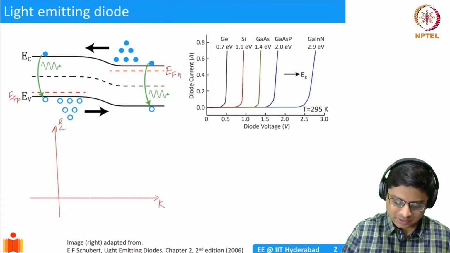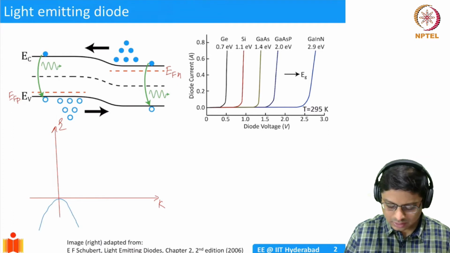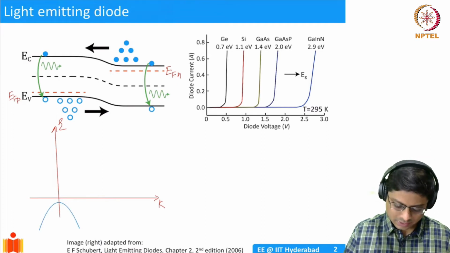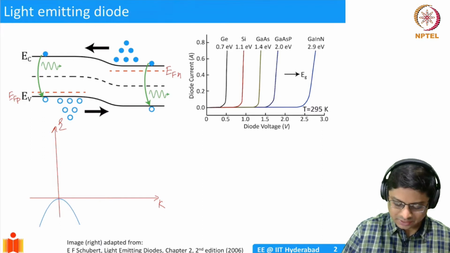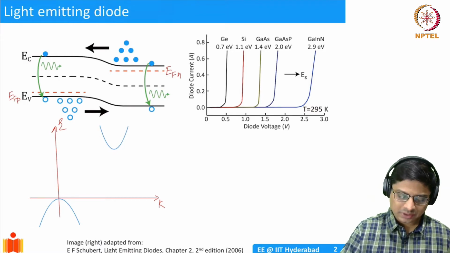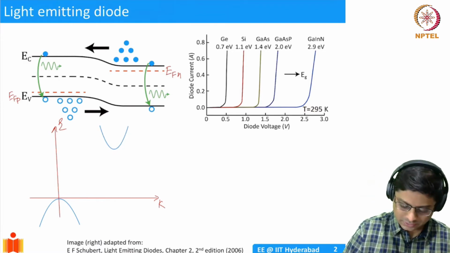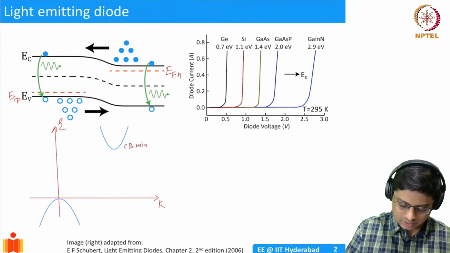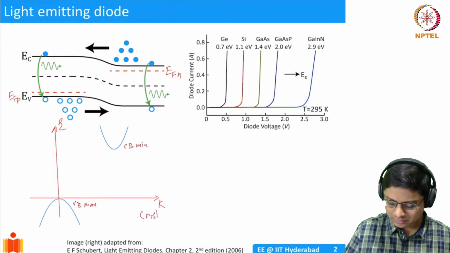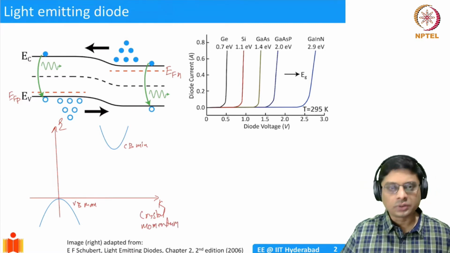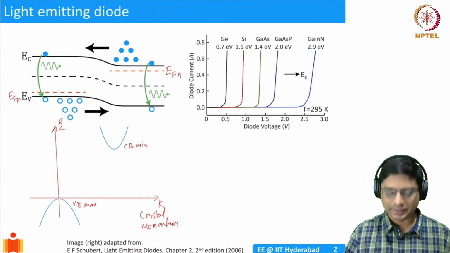So you have the peak in the valence band, and in an indirect band gap semiconductor, the peak in the valence band doesn't coincide with the dip in the conduction band. So this is an indirect band gap semiconductor, right? So this is CB minimum, this is VB maximum. They occur at different Ks. I mean, this K is a crystal momentum. We talked about it in the beginning, right? So essentially how the electron moves in a lattice.